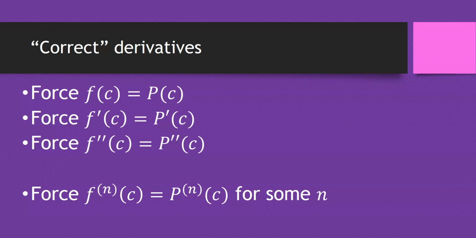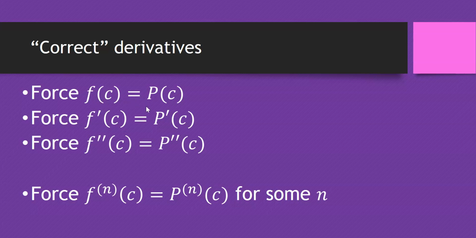That means our polynomial, we'll call our polynomial capital P. When you input C, the output is going to be the same as the output of the function when you plug in C into that function.